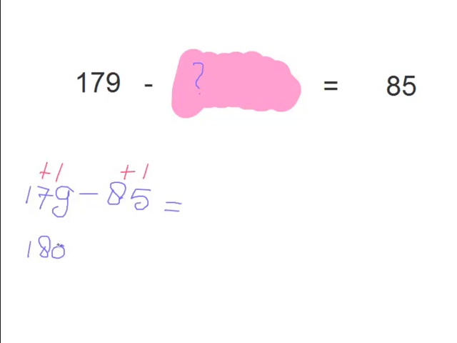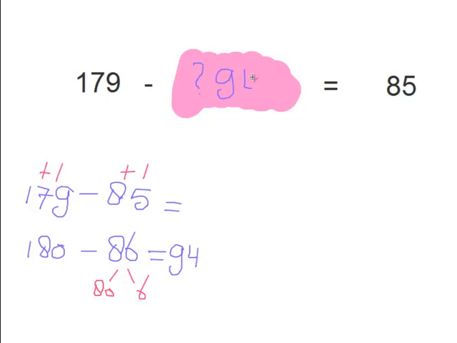So now we have 180 minus 86. And so, let's break up the 86 to make it simpler. So we have an 80 and a 6. So we know that would equal 94.